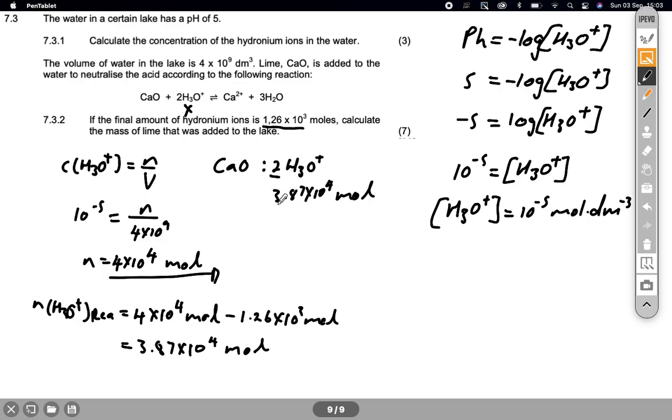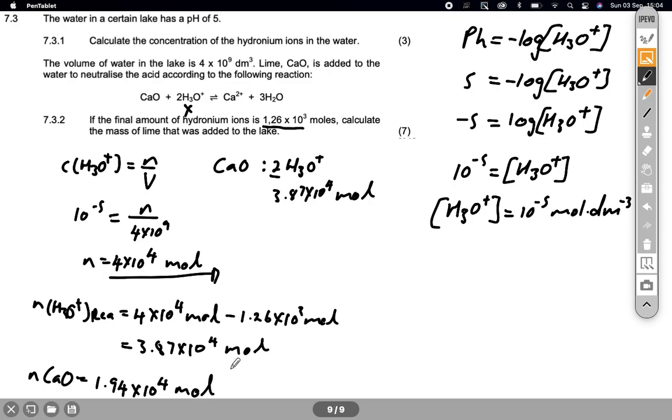So we need to find half of this. So you will just simply divide by 2, and then you'll find that the number of moles of the calcium oxide is 3.87 times 10 to the power 4 divided by 2 due to the molar ratio, which is 1.94 times 10 to the power 4 moles.